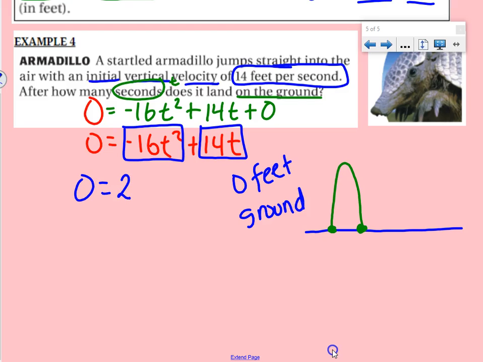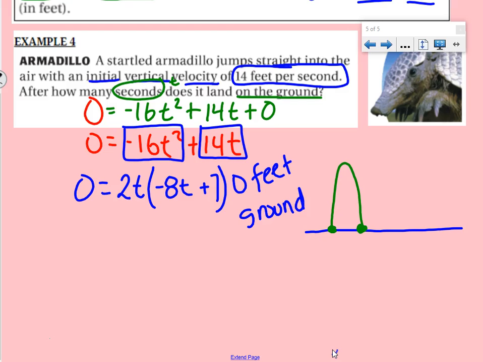We can take out a 2. From t squared and t, we can take out a t. What do we have left over? Negative 8 times 2 would give us negative 16, and t times t would give us t squared, plus 14t, we would have a 7 left over because 2t times 7 equals 14t.